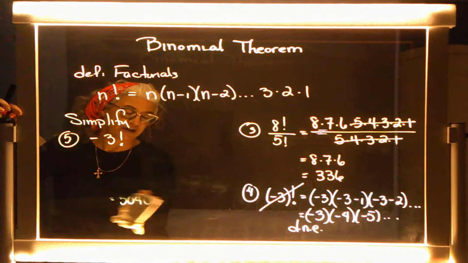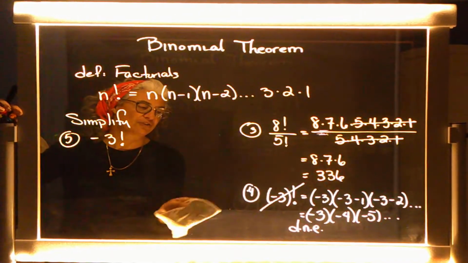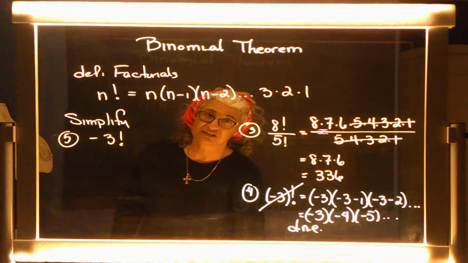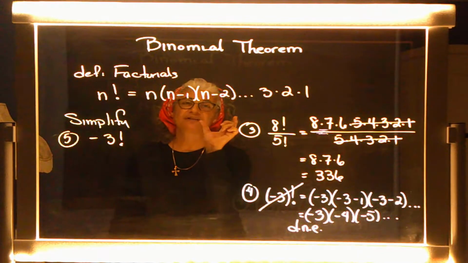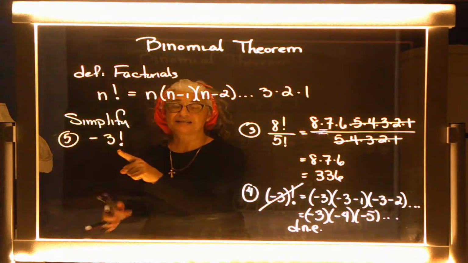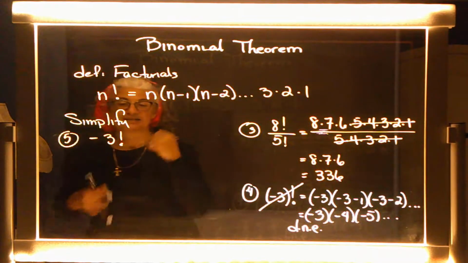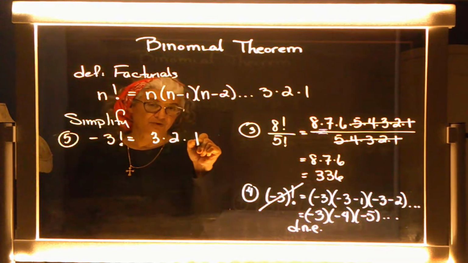Over here on number 5, is that negative attached to the 3? Good, it's not. Why not? Because there are no parentheses around the negative and the 3, which means in this case on number 5, you are literally doing 3 times 2 times 1.